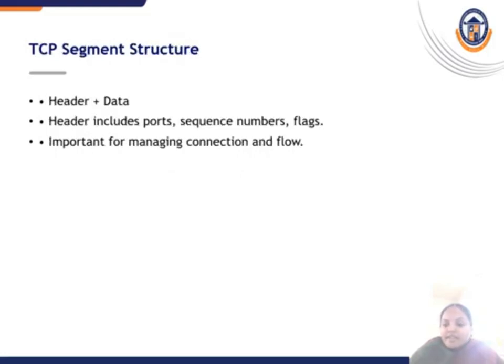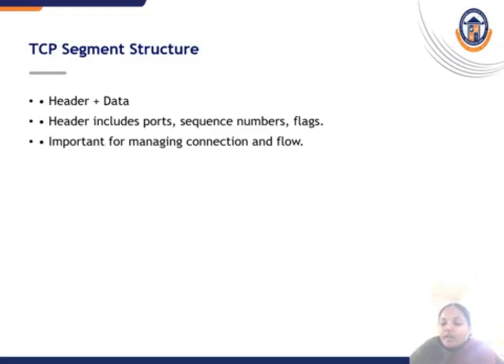The first one, synchronize. The client sends a TCP segment with the synchronize flag set to initiate a connection. This segment includes the client's initial sequence number, that is ISN. Second one, synchronize acknowledgement. The server responds with a segment that has both synchronize and acknowledgement flags set.